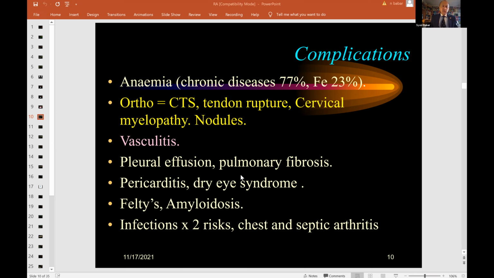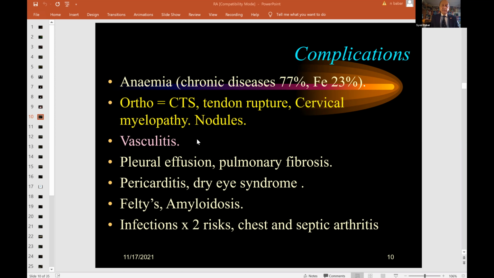The orthopedic involvement could lead to carpal tunnel syndrome and rupture of tendons, cervical myopathy, and nodules which are palpable on the surface. Because of the non-specific inflammatory disorder, it also affects the blood vessels, causing vasculitis, and hence it can lead on to non-joint areas as well.